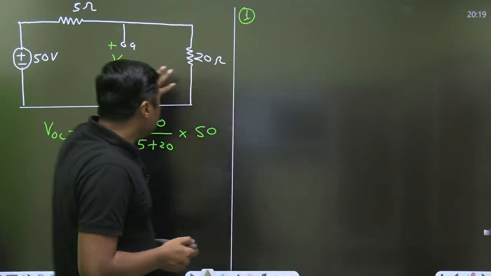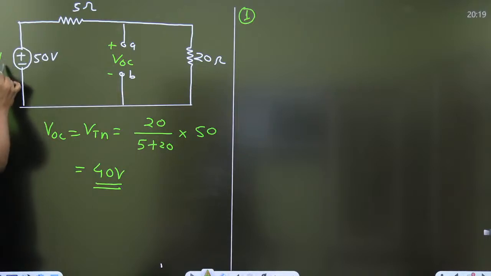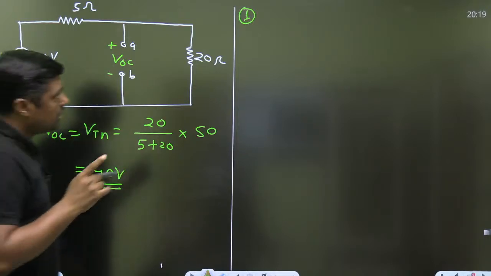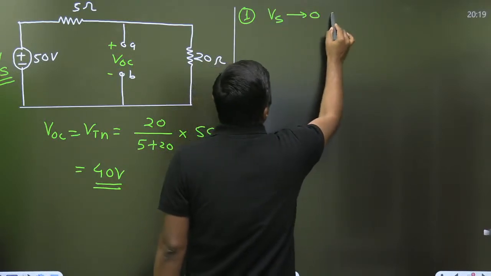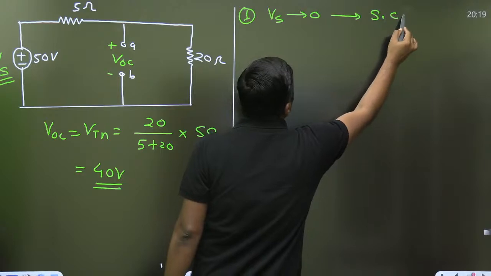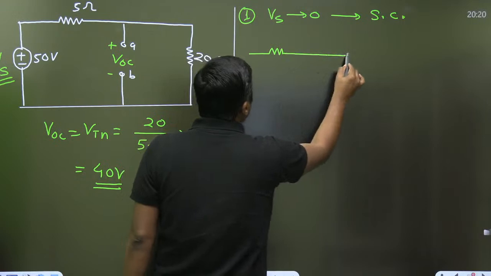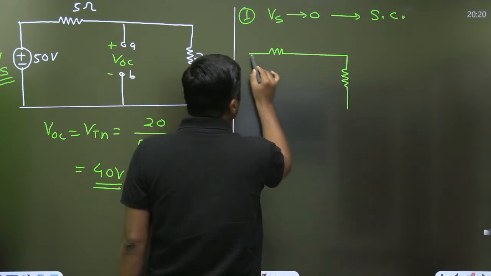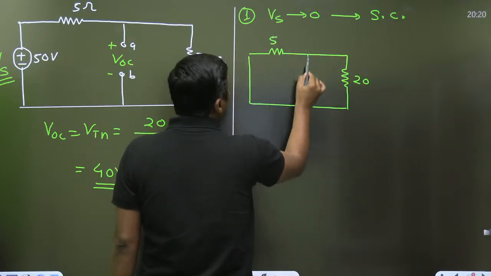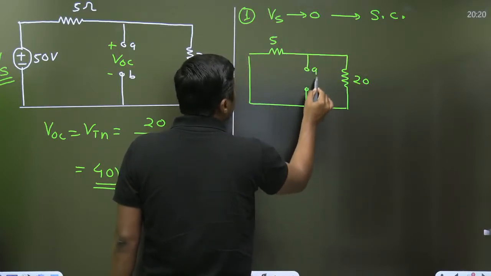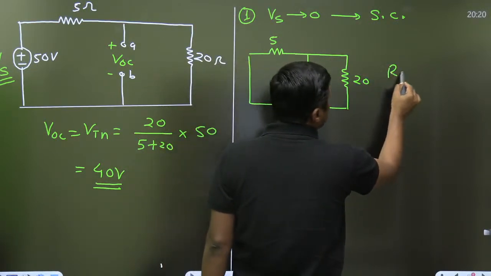Okay, in this circuit, first method, how to find the RTH? Make all independent sources equal to 0. If all independent sources are 0, meaning Vs tends to 0, the voltage source will act as a short circuit. And then there are two resistors, 5 and 20, and these are the terminals A and B. These two resistors are in parallel across A and B. So what is the RAB?